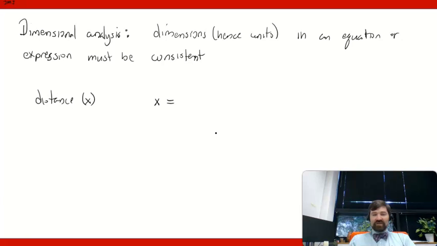If the equation says x equals, let's say, half of some quantity times some other quantity squared plus yet another quantity times maybe the same quantity here, then this total term, and this right here, and this right here all must have the same dimension.